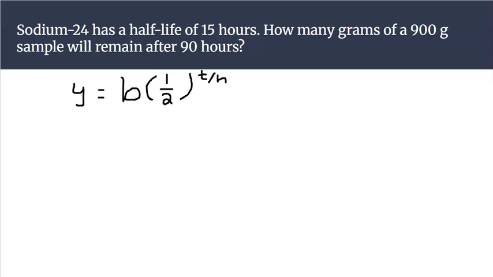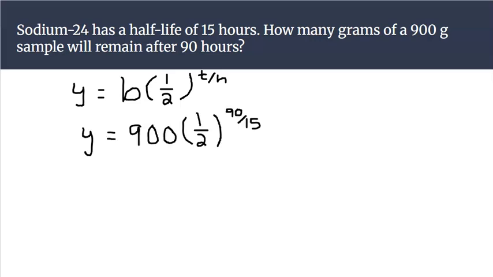All right, so we're going to substitute in all our values here. Time is 90, and the half-life itself is 15. If we simplify this a little bit, we still have the 900, and 90 divided by 15 is 6.